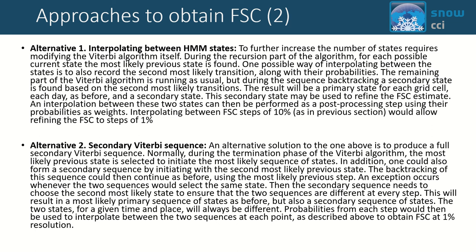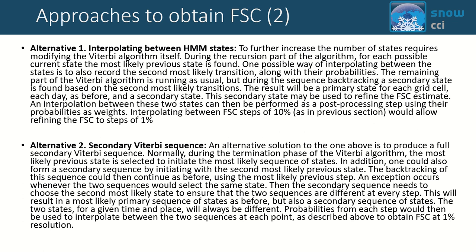Transferring from 10% to 1% levels, we have 2 alternatives. One is using interpolation between the most likely hidden Markov model state and the secondary most likely state. And as alternative 2, calculating a secondary Viterbi sequence and estimating a fractional snow cover between the primary and the secondary sequence.